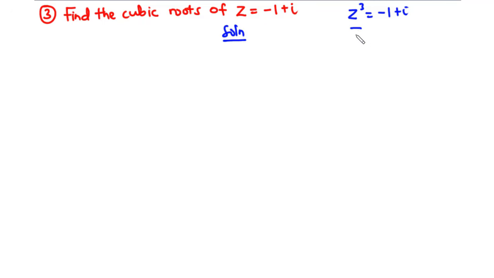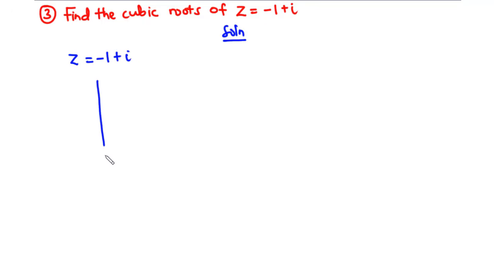You can also write z equals the cube root of -1 plus i. Any of them is correct. Now let's focus on the question we have. z equals -1 plus i, that is to find the cube roots of z.